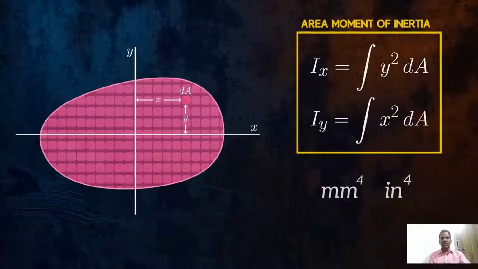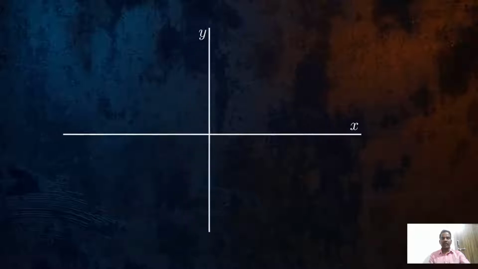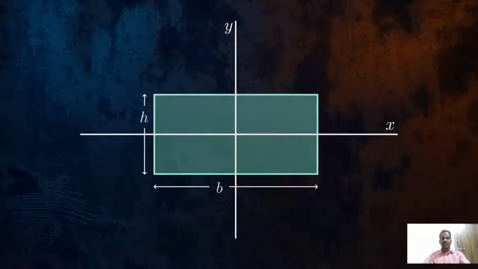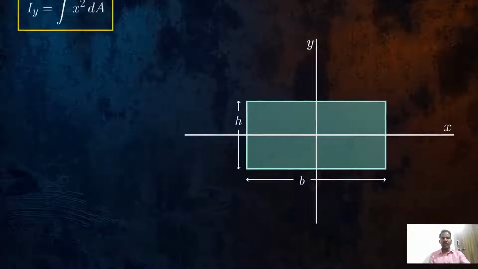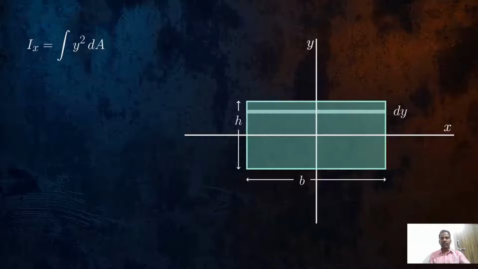Now let us consider the area moment of inertia for the rectangular section, having width b and depth h. Considering a strip in the rectangular area, that is dy width with a b length, the area of that strip is b into dy.